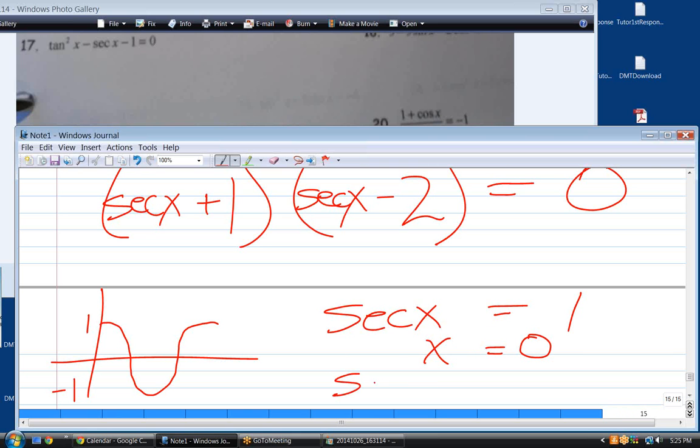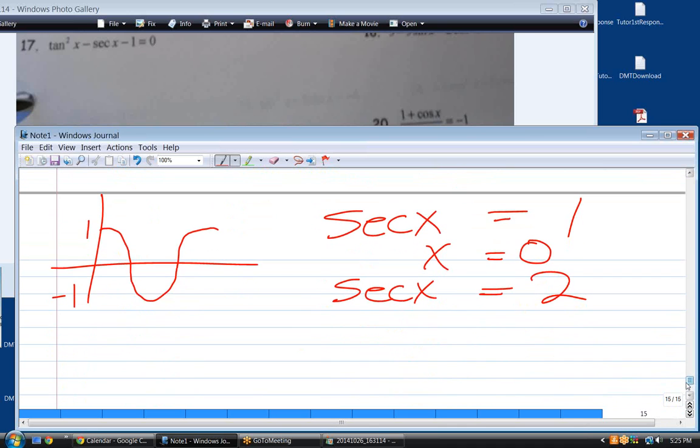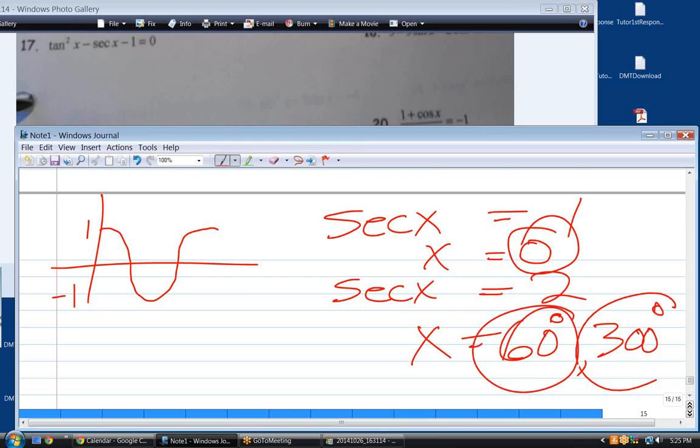And where is secant x equal to 2? 60 degrees. Good. And 300. There's your 3 answers.